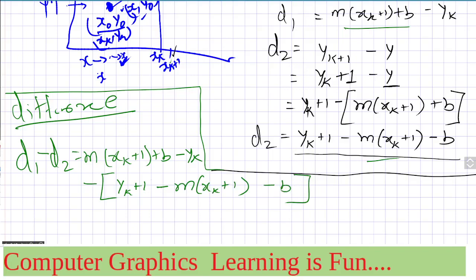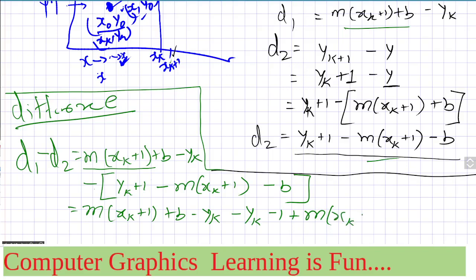Okay, this minus goes inside. What will happen? Let me keep it first. This is mxk plus 1 plus b minus yk. Now this minus goes inside. It is minus yk, is it? Then minus 1. This minus becomes plus m into xk plus 1. Then this minus is plus b.